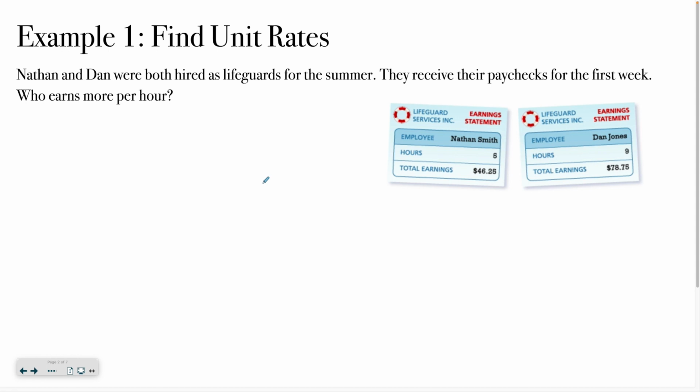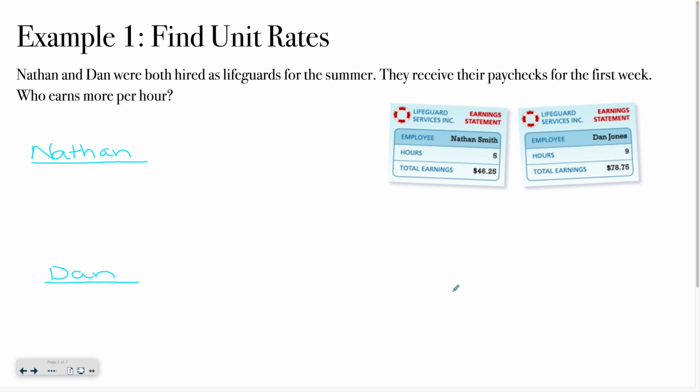We have Nathan and Dan, who were both hired as lifeguards for the summer. They received their paychecks for the first week. Who earns more per hour? Okay, so let's break this down. We have Nathan, and we have Dan.